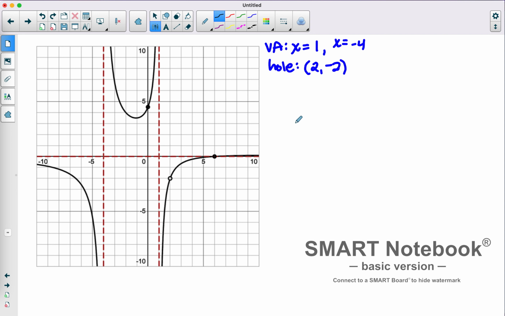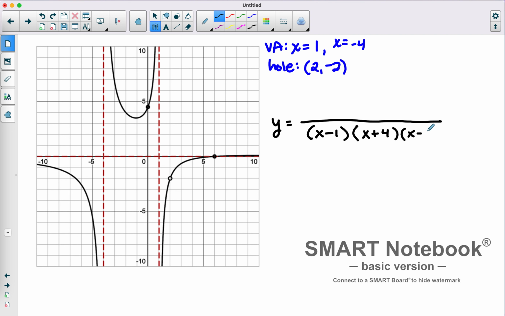Just those key pieces tell me I have a function with a factor of x minus 1 in the denominator because of the vertical asymptote. A vertical asymptote is when the function is undefined, so we know it's undefined when x is 1. That would happen if I'm trying to divide by 0 in this denominator. I also have a factor of x plus 4.